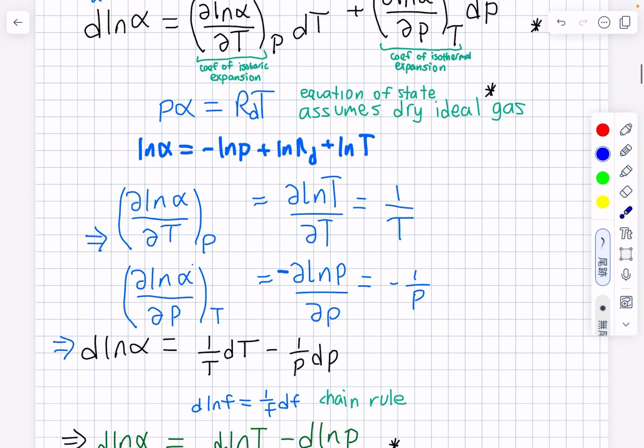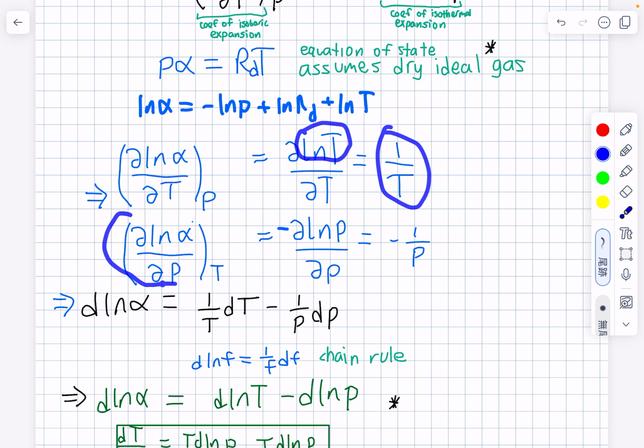And to solve for these two terms, we can take this equation we've just done here and differentiate it. If we differentiate in terms of temperature, holding pressure constant, we can get rid of this term because the derivative of a constant is 0, same for this term. And we're left with partial ln T, partial T, which from calculus is just 1 over T.